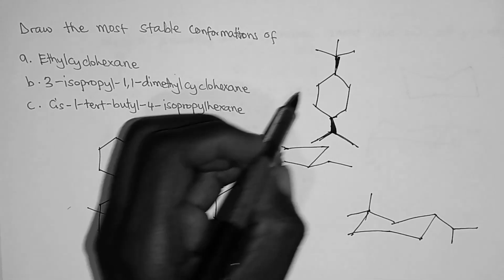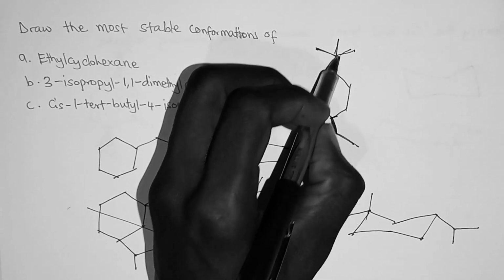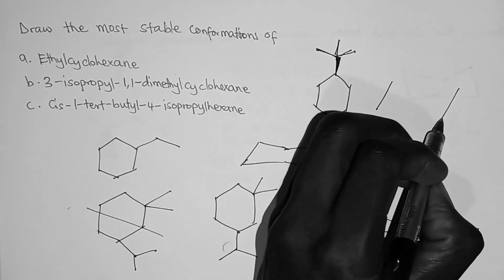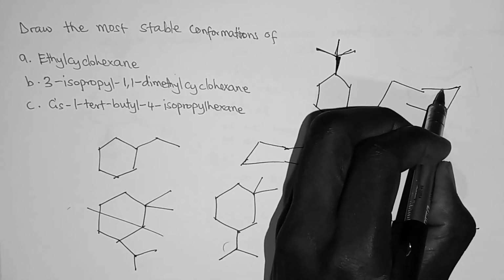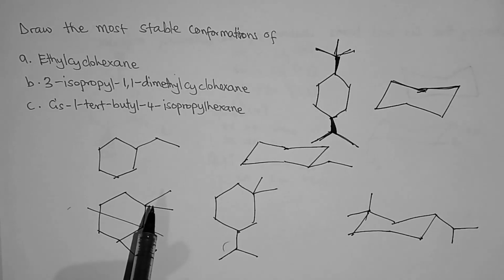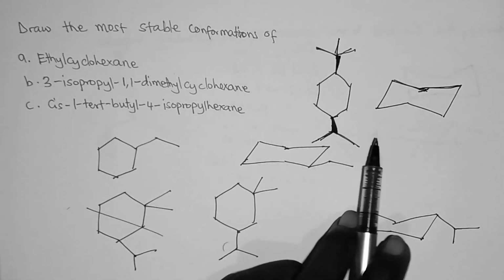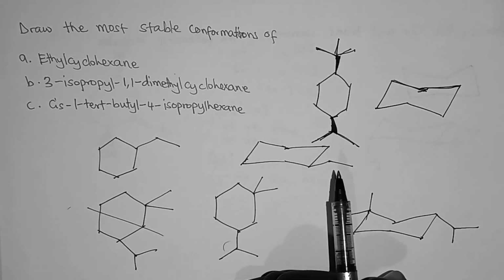As you can see, this is a cis. So let's draw the most stable chair conformer of this cis compound. 1,4 in a cis is an EA or an AE.